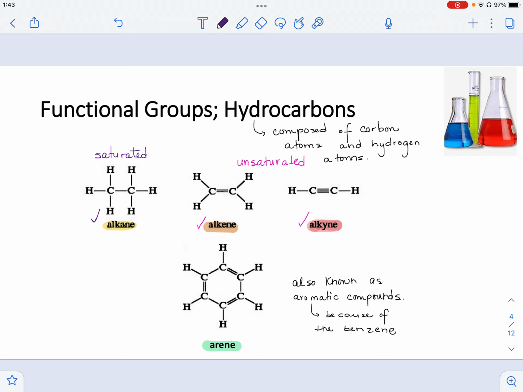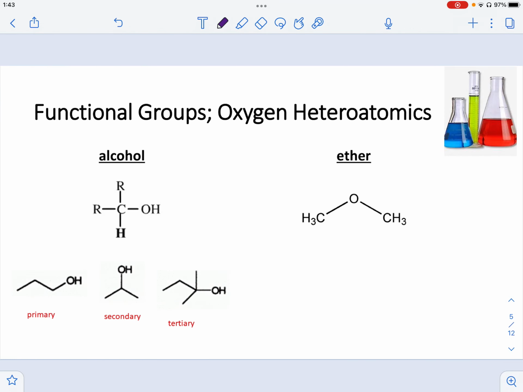Let's move on to look at the next group of functional groups that are going to be part of the oxygen heteroatomic family. It is called a heteroatom because any heteroatom is going to be an atom from the periodic table that is not a carbon atom.